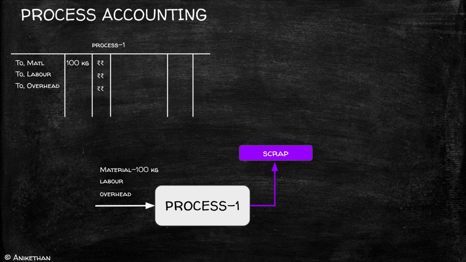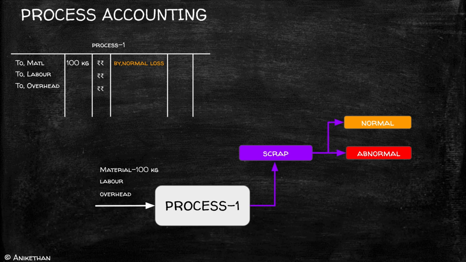And outputs, first is the scrap. If there is a normal loss, it would be given as a percentage of input. So if there is an input, then I will take 10%. Let's assume 10% of 100 kg is 10 kg. So by normal loss, I will also write units and value. Then if there is abnormal loss, I will write by abnormal loss.